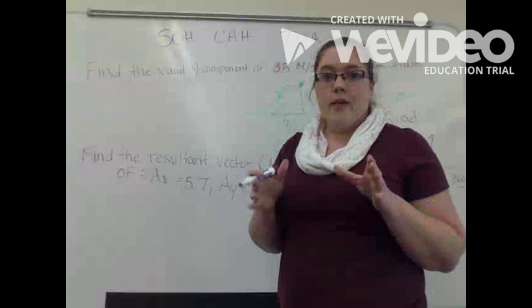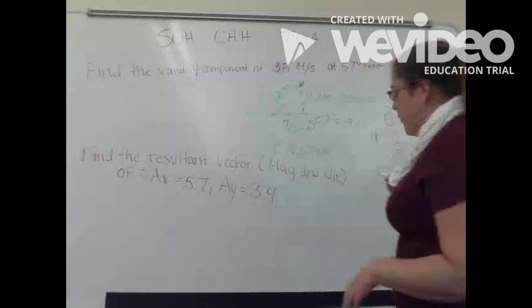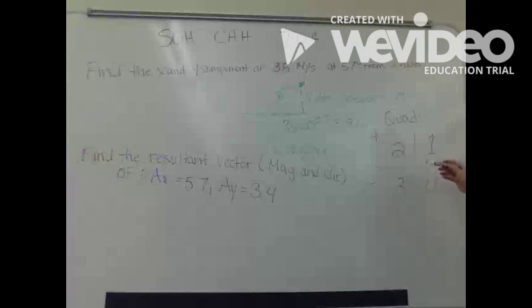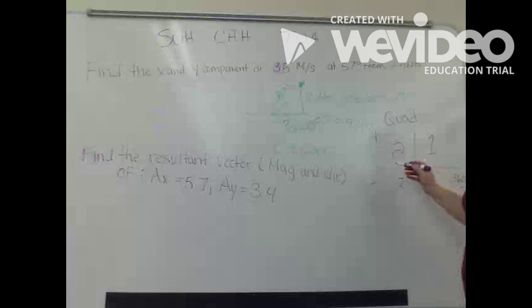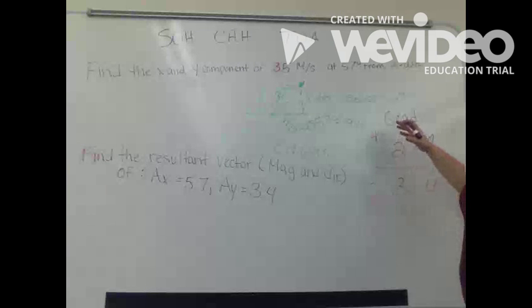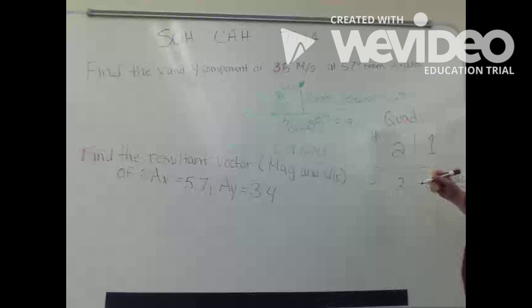Okay, so with this one, I want you to remember that it depends on which coordinate system you're in. If you're in the first quadrant, your degrees are just fine. You can leave them as is. If you're in the second quadrant with your numbers, say you have like a negative x with a positive y, then you add that to 180.